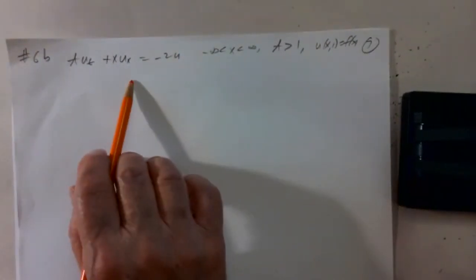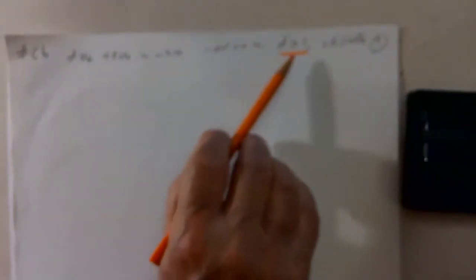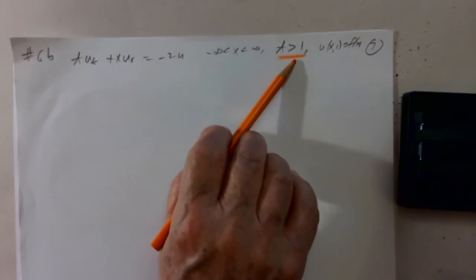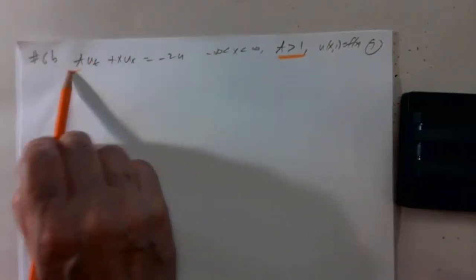So there are two things about this equation which are different from the three we did previously. One is that we're not starting at t equals 0. We're starting at t greater than 1. And the coefficient of u sub t isn't 1. It's t. Well, I'd rather have the coefficient be equal to 1 here.